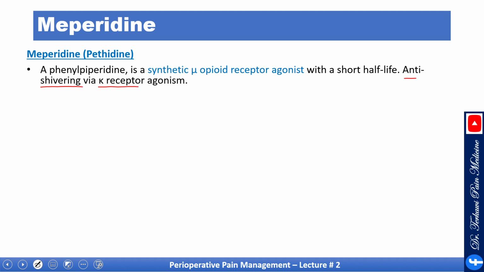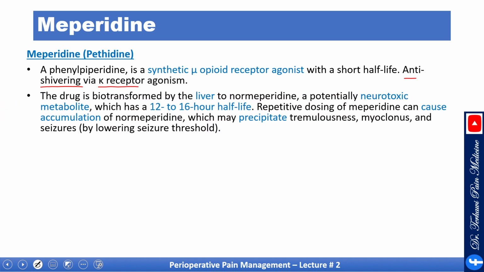And the drug is biotransformed by the liver to normeperidine, which is a potentially neurotoxic metabolite, which has a 12 to 16 hour half-life. Repetitive dosing of meperidine can cause accumulation of normeperidine, which may precipitate myoclonus and seizure.